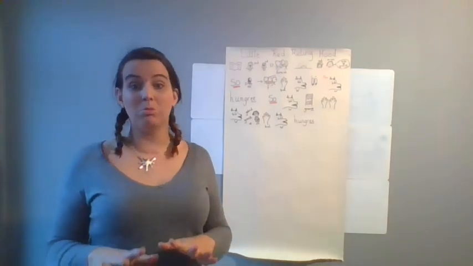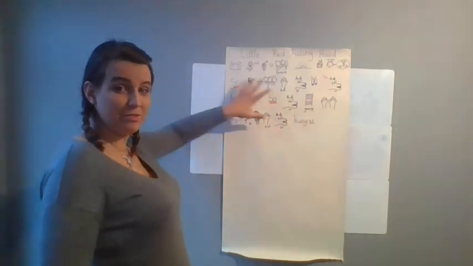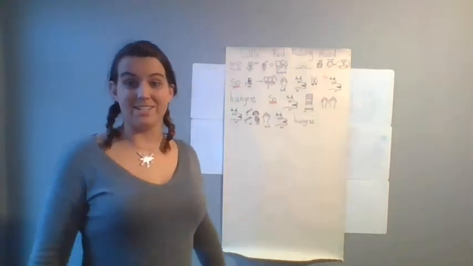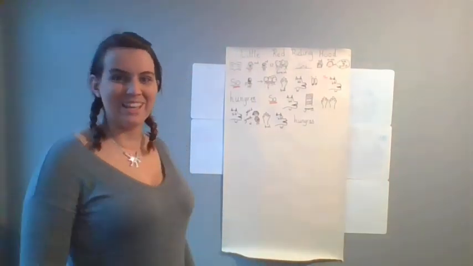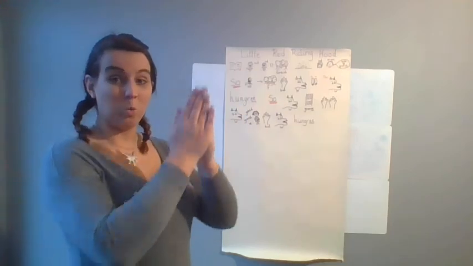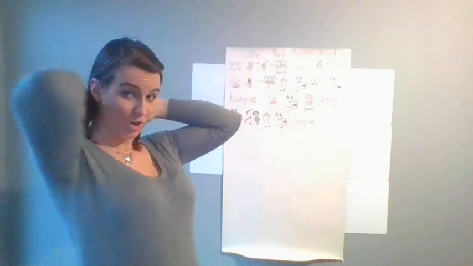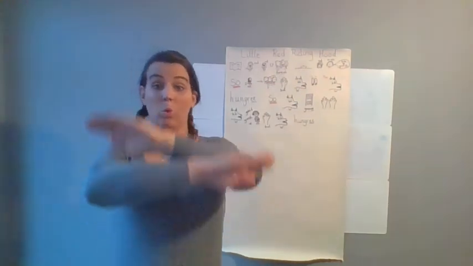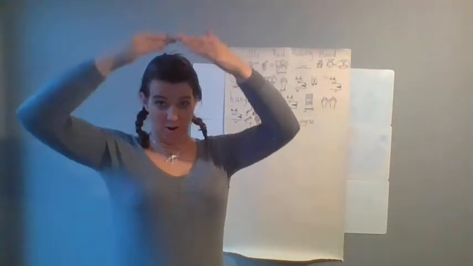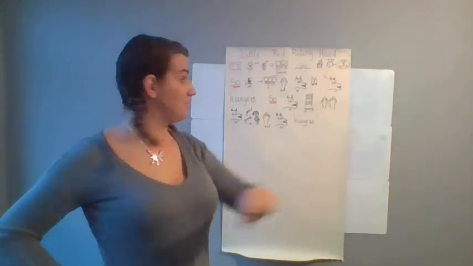So just before we finish, let's read it from the start to where we are now, because we have done the beginning of the story today, haven't we? Ready to join in? You can stand up on your feet if you want to. Okay. Once upon a time, there was a little girl called Red Riding Hood. Red Riding Hood lived in a house in the forest. One day, little Red Riding Hood's mum said, "Take this to Granny."